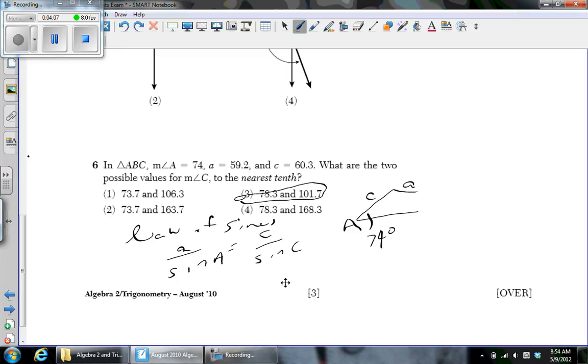So when we find angle C, when we plug everything in, we should end up with choice C.